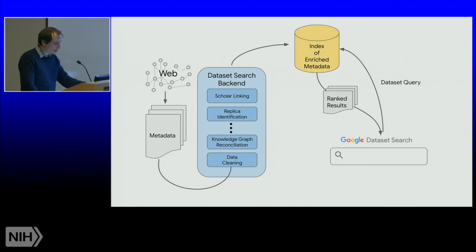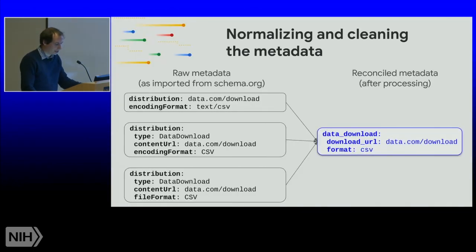And then we push that to our serving APIs, and we use another internal service for ranking. So we do take advantage of a lot of ranking innovations that are used in the main search product. And that's how you get the results in the search product.